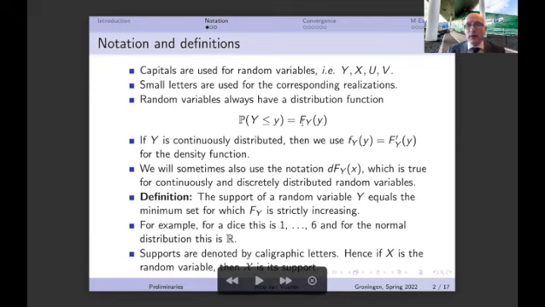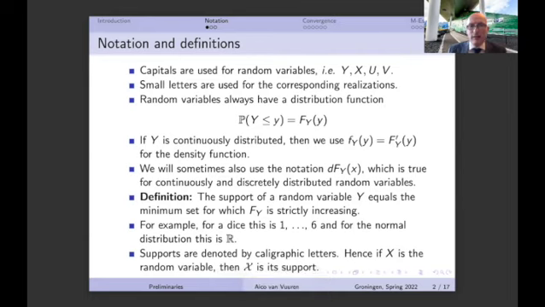And the notation that we're going to use is a capital F. So capital F's are not going to be random variables, but just the distribution functions. And we're going to use this subscript Y in order to indicate that it's the distribution function of this random variable Y, evaluated in this little y that we have over here.